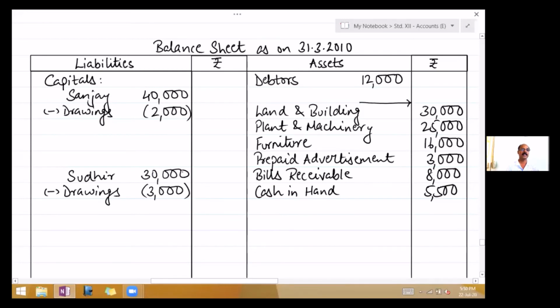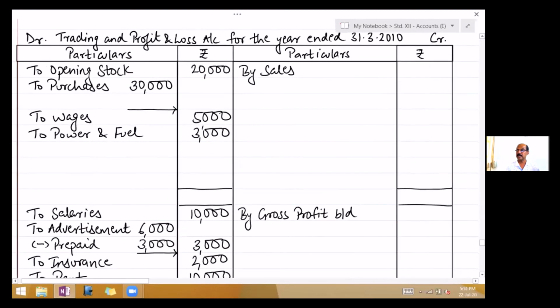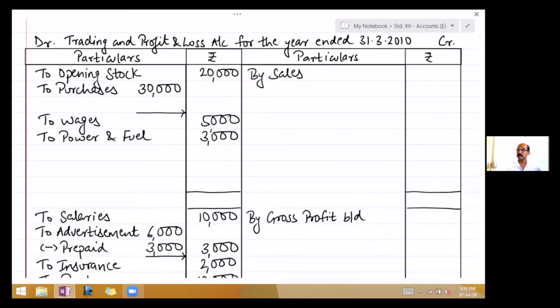Capitals are always written in the inner column, to add profit, deduct losses, add incomes, deduct expenses. Sales 70,000. Trading account credit side, sales 70,000. No adjustment, outer column.